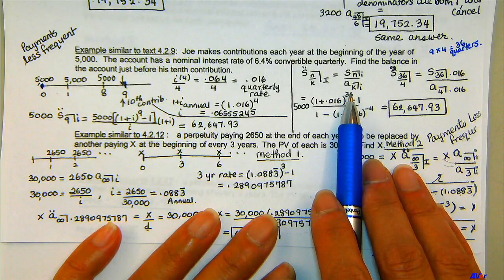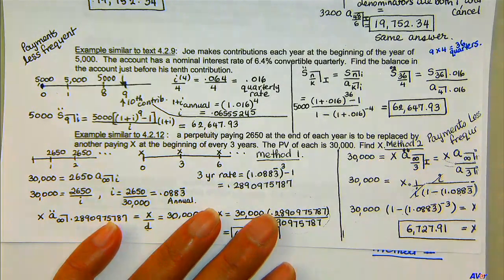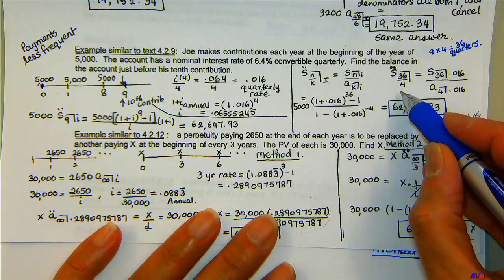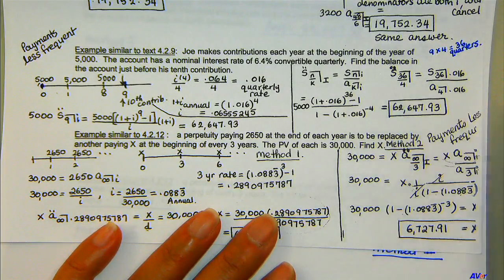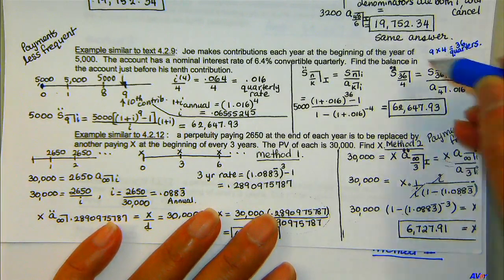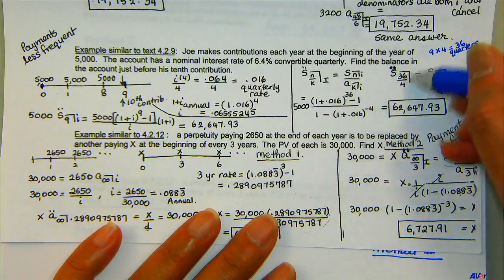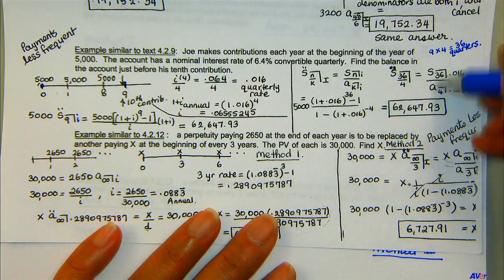So N is going to be 36 because I have 36 interest periods in 9 years, and payments are every 4 interest periods. So S angle 36 over A angle 4 when all is said and done, because the double dots, this S double dot angle 9 turns out to be this formula, and then I clean it up.